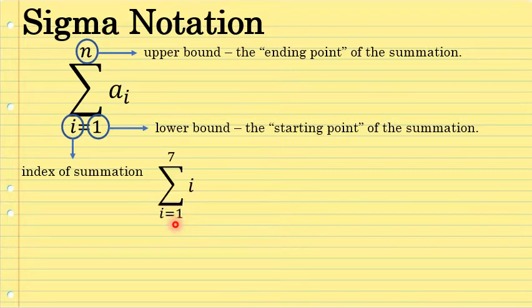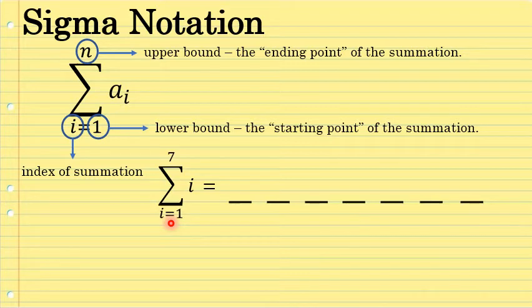First, let's talk about the sum as i goes from 1 to 7 of i. This sum has a lower bound of 1 and an upper bound of 7. This means there will be 7 terms in the sum. There will be 7 terms that are added together in this sum.